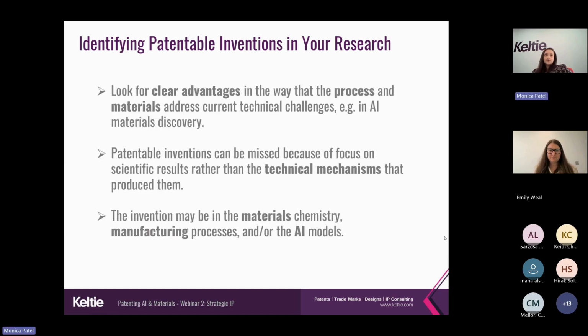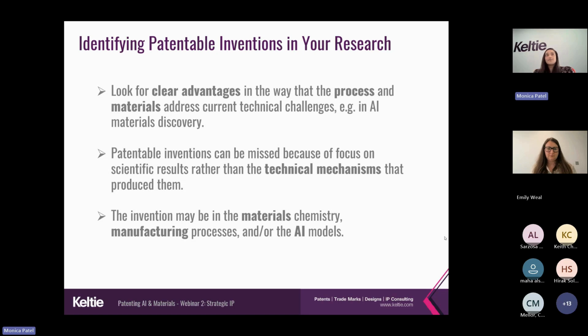As a brief summary of those 6 points, we're always looking for clear technical advantages in the way that the process and the materials address a challenge. Sometimes patentable inventions can be missed because where there's a focus on producing results or producing research, people can often overlook the technical mechanisms that produce those results.